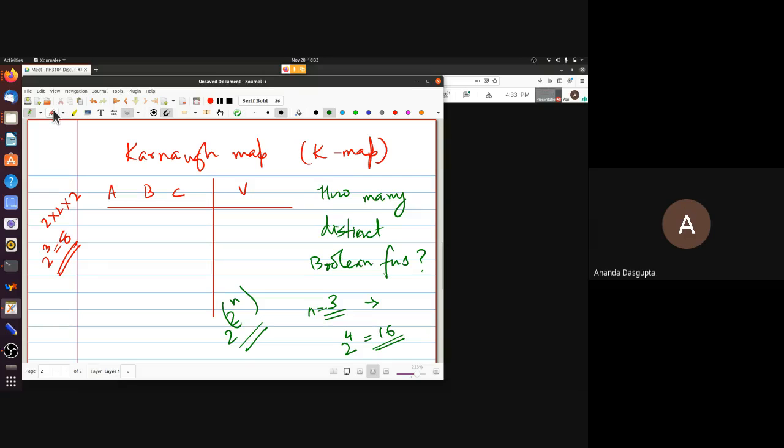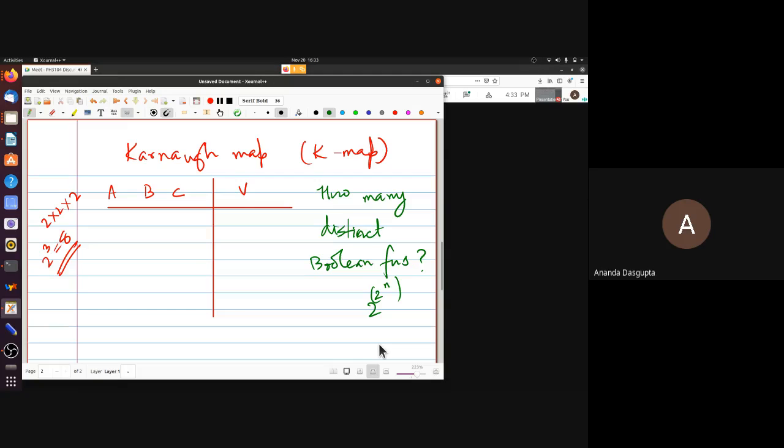So enumerating all of them, while a possibility, there are a finite number after all, it still is not really very convenient. So anyway, this is an important piece of information which you have to remember. The number of possible distinct Boolean functions, which includes trivial functions like the output is 0 no matter what the input, the output is 1 no matter what the input. All of these are allowed Boolean functions.